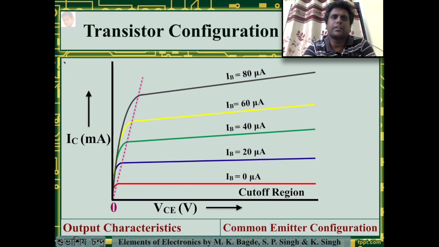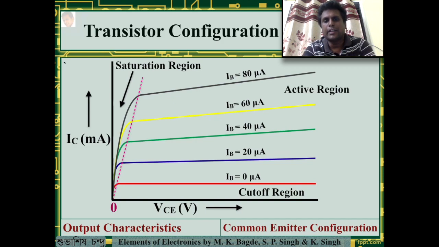Where both the PN junctions are forward biased, it is the saturation region, and then the active region. In the active region, the current IC is solely dependent on IB and it is not dependent on VCE. The slope of these curves is extremely small and doesn't create much effect on the changes.